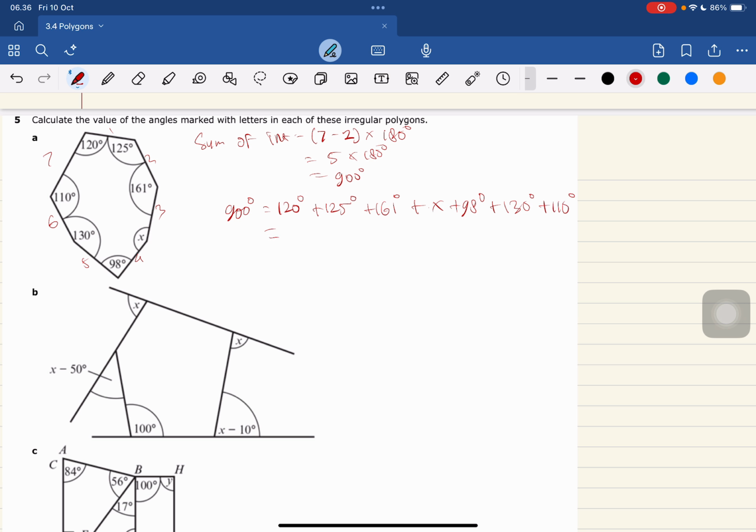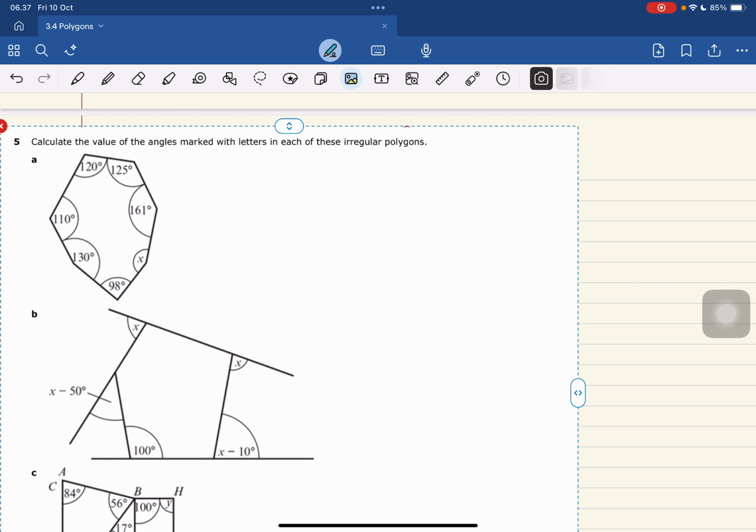So let us add: 120 plus 125 plus 161 plus 98 plus 130 plus 110 gives us 744 degrees, plus x equals 900 degrees. So x equals 900 minus 744, which gives us the answer of 156. There you go.